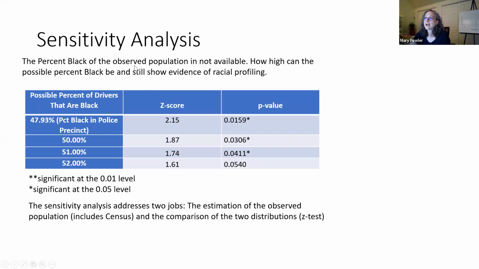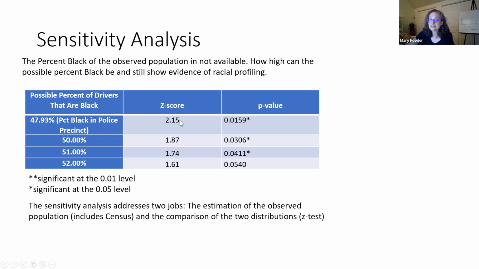The percent Black of the observed population really is not available. So the sensitivity analysis allows us to answer the question, how high can the possible percent Black in the patrol area be and still show evidence of racial profiling? In this analysis, the racial distribution of the police district was 47.93%.